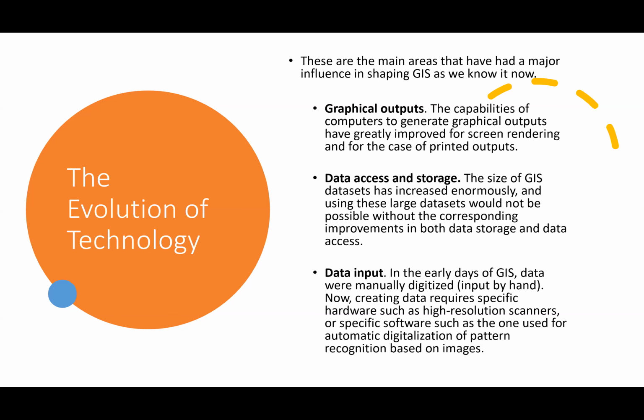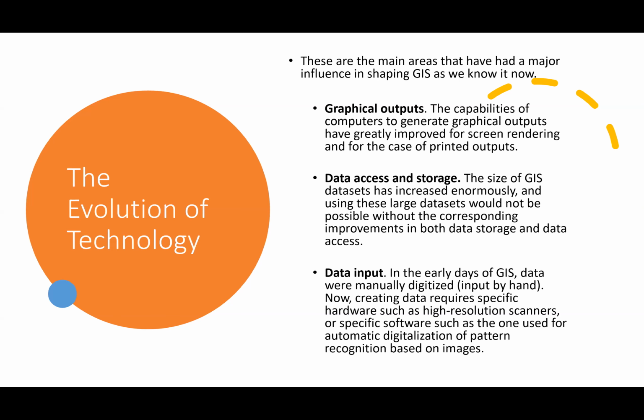And data input. In the early days of GIS, data were manually digitized. Again, kind of tracing or eyeballing paper maps and putting them as digital lines, digital arcs into a coordinate system software.